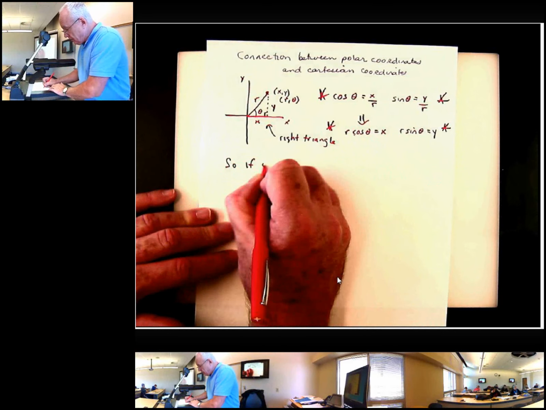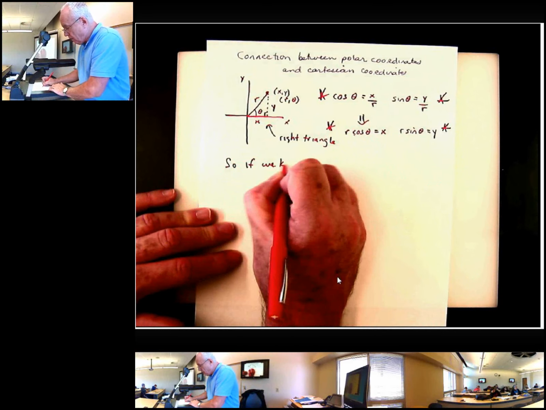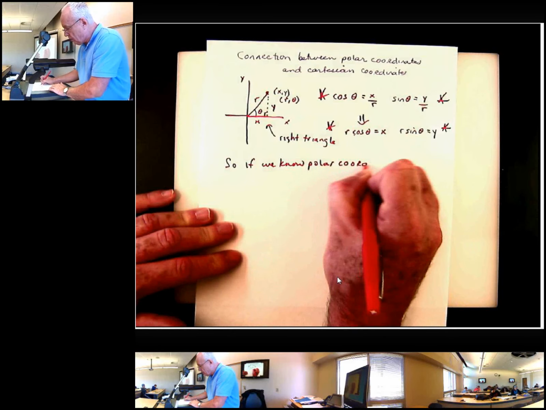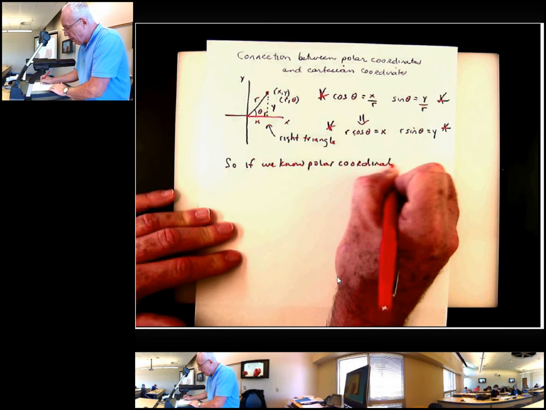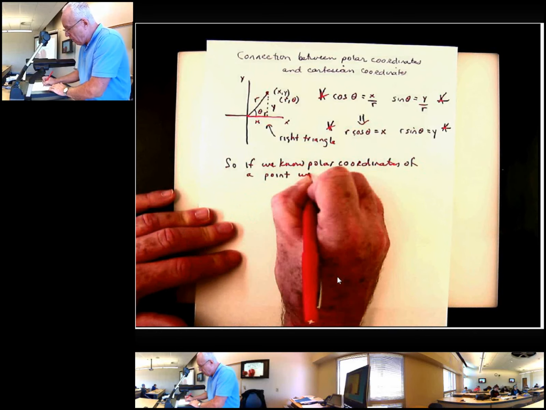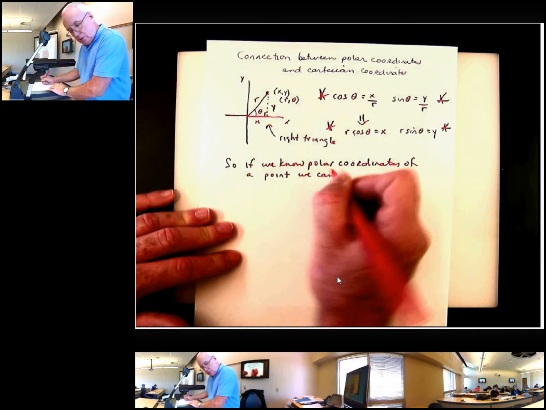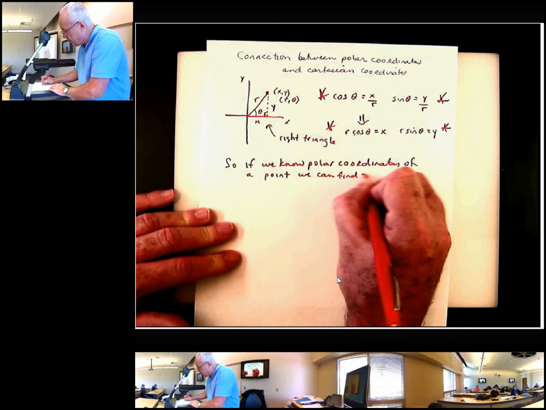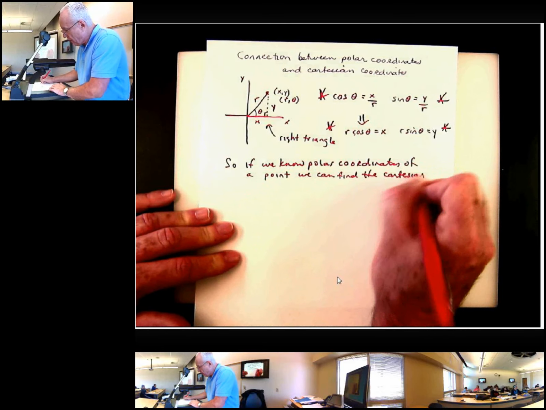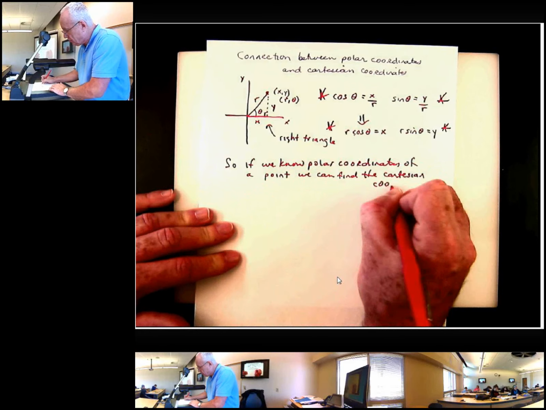So, if we know polar coordinates of a point, we can find the Cartesian coordinates.